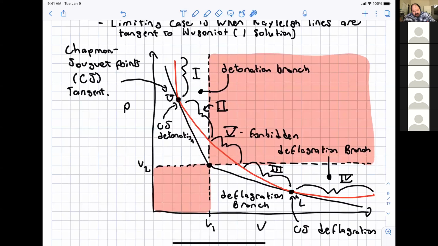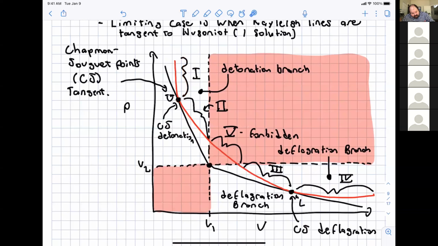We have a region here above point U, which is the upper CJ point, or a CJ detonation point, where the pressure is higher than that. That's called region 1. We have region 2 here, which is on the valid region of the detonation branch, but it is below the CJ detonation point.